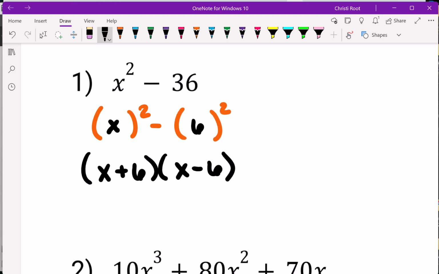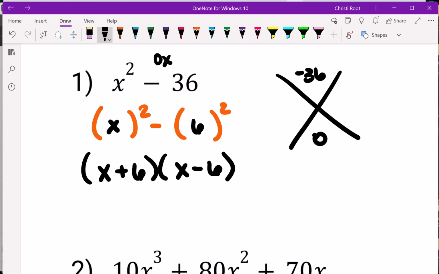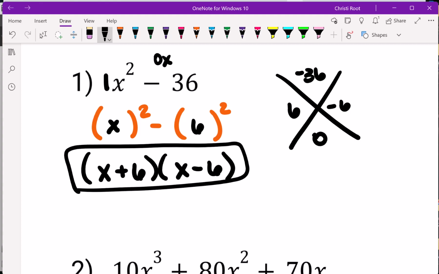If you wanted to do the box method, you absolutely can do that. You would need to find the factors of negative 36 that add up to be 0 because there is not a linear term, which is, guess what? 6 and negative 6. And if a is 1, which it is in this case, you don't need to use the box. So that is absolutely the fastest way to do your difference of squares, okay?